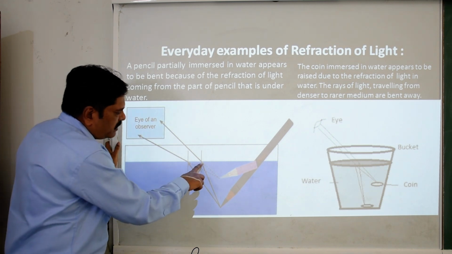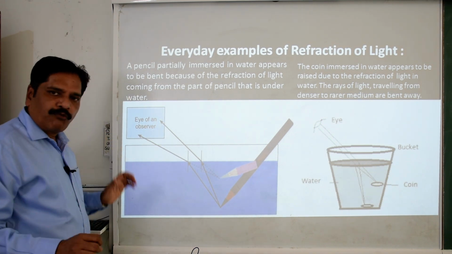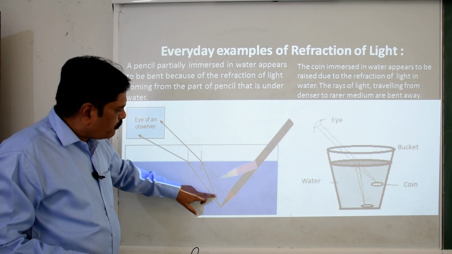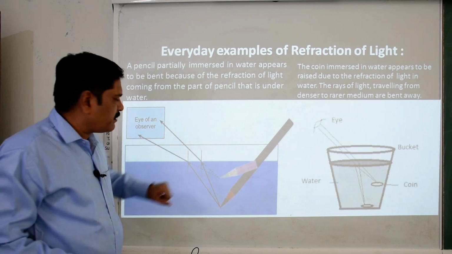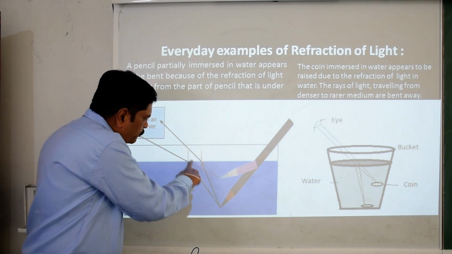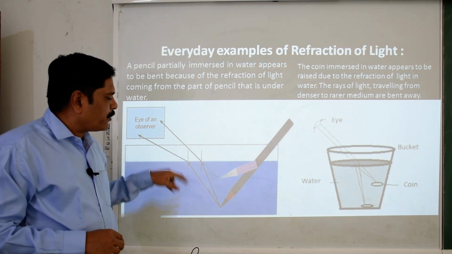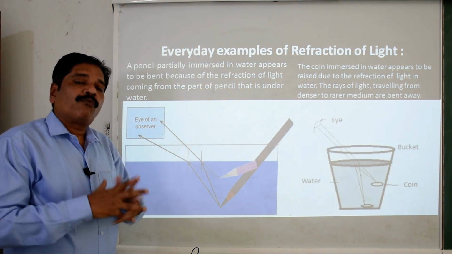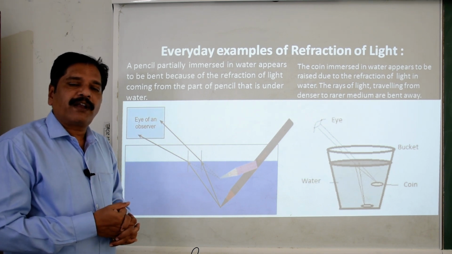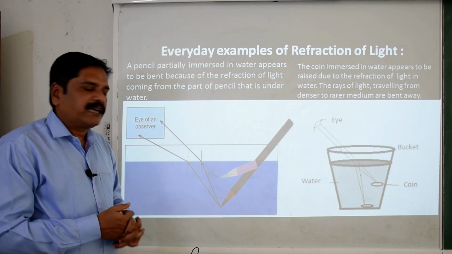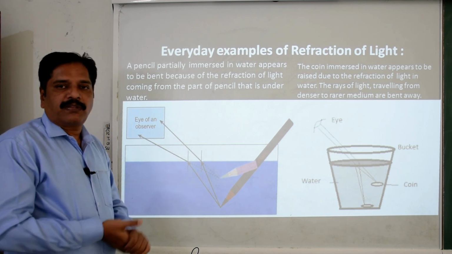This is the point of incidence, and the light is moving from denser to rarer medium. So if you drop these two normals, or perpendiculars, at the point of incidence, then what will be the bending of light? Yes, right, it will bend away from the normal.